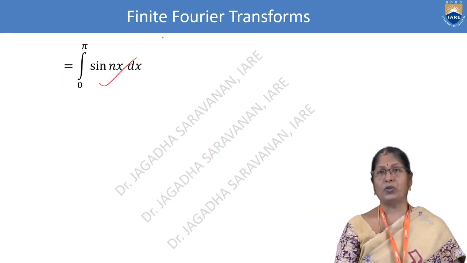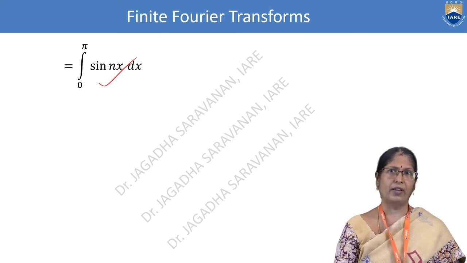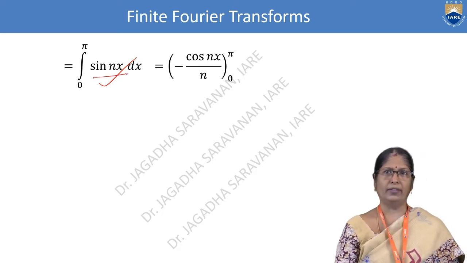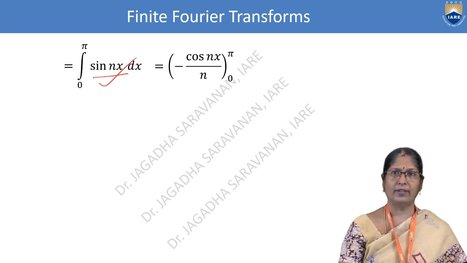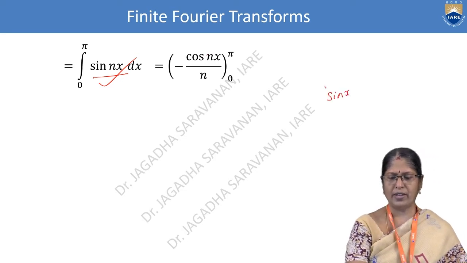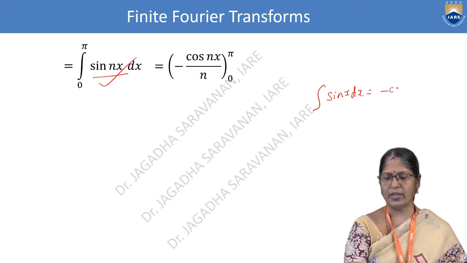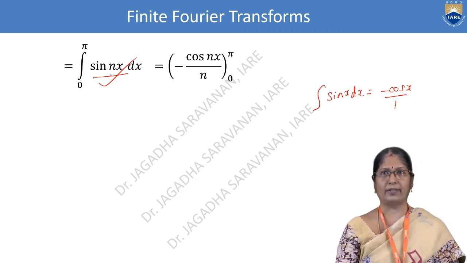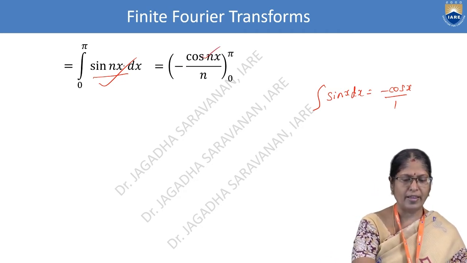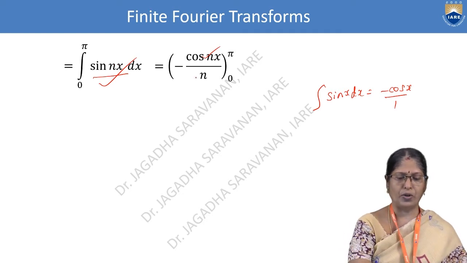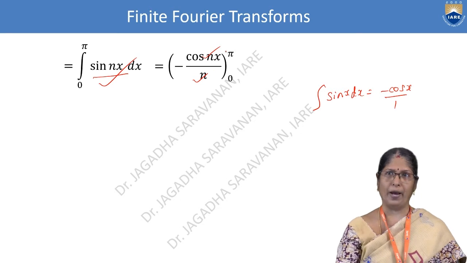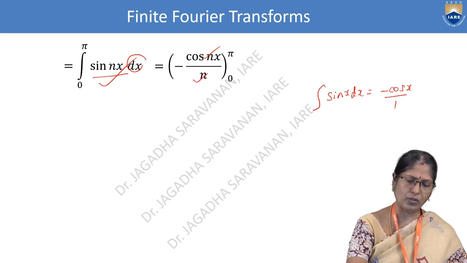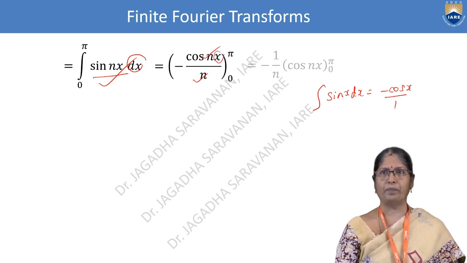Now, integral 0 to pi of sine nx dx, we have to do the integration. The integral of sin x is minus cos x, with x coefficient 1. Now ours is sin nx, so minus cos nx, and the x coefficient is n, so divided by n, from 0 to pi. We did the integration with respect to x. In the place of x, we will substitute pi.